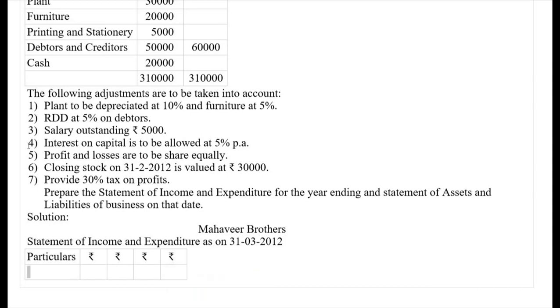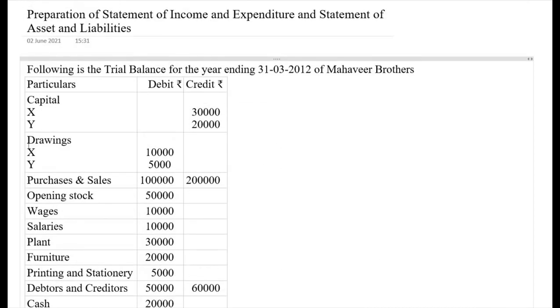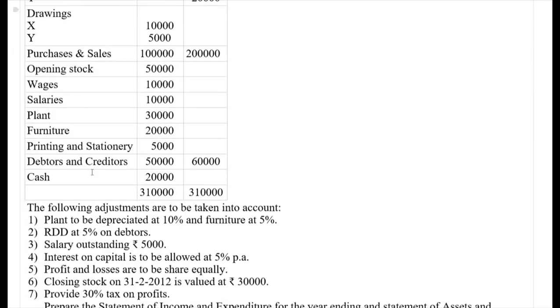So here incomes. Now let us have a discussion over the problem. Capital and drawings will appear in the statement of assets and liabilities. Purchase and sales in the statement of income and expenditure. Opening stock should be compared to the closing stock.